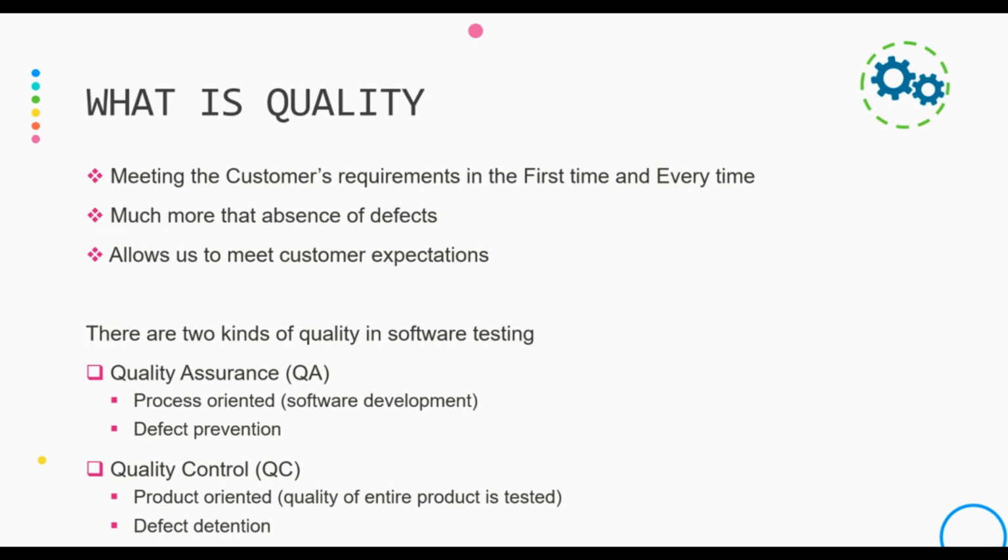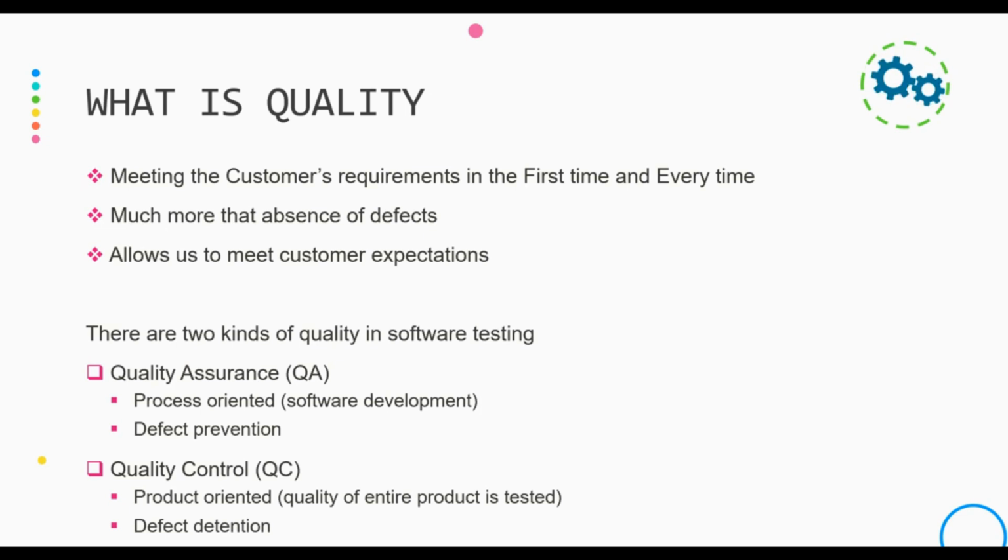Quality assurance is process oriented and it is defect prevention. It means before getting a fault, we need to prevent it first, right? And quality control is product oriented, and it is defect detection. It means if there is some fault, error or bug in the software, it can be detected in quality control.